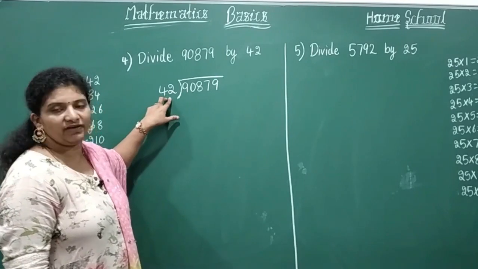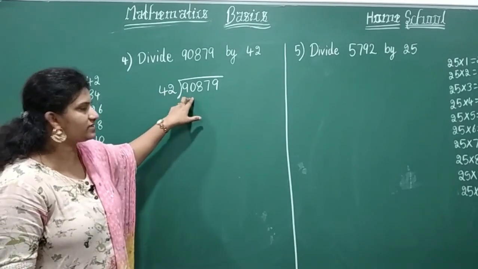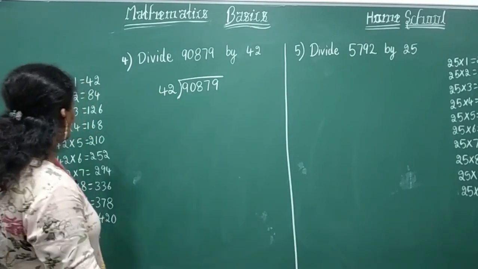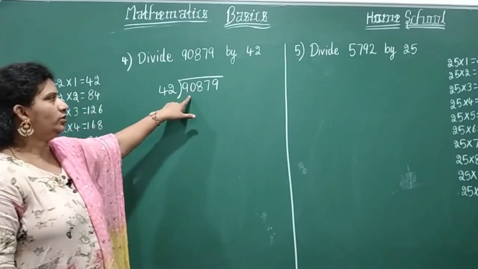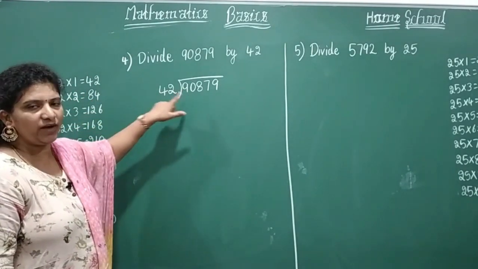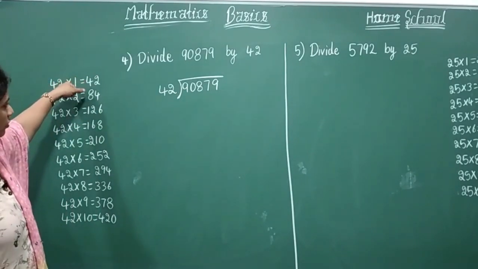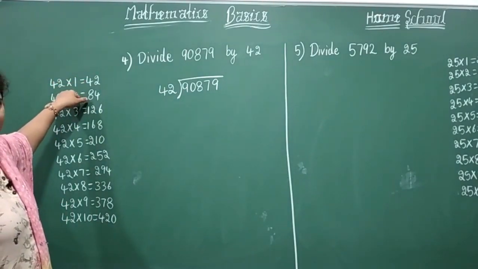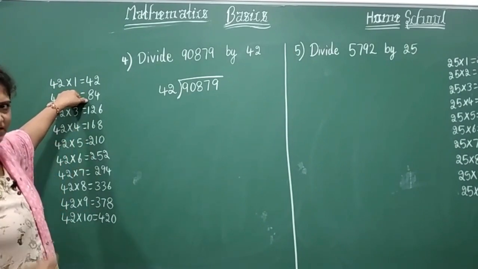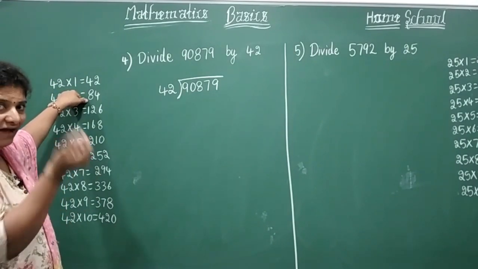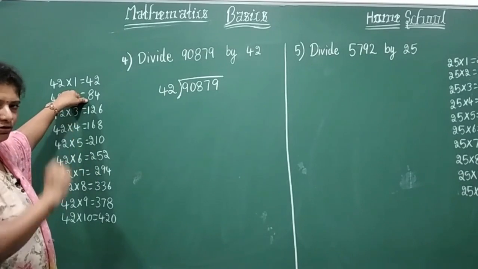So when you have a double digit divisor, you try to see a double digit here. So now 42 divide into 90. Where do you get this 90, children? Have a look here. 42, 84. Yes, for 90, 84 is nearer, right? Don't take the number after, only the number before you have to take.